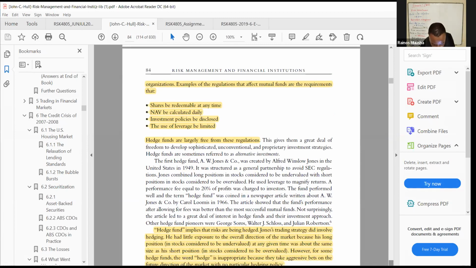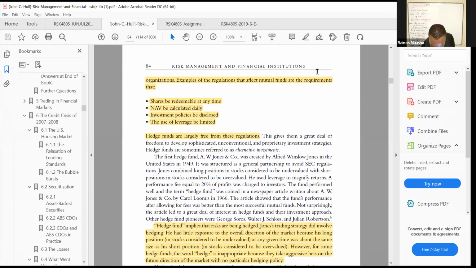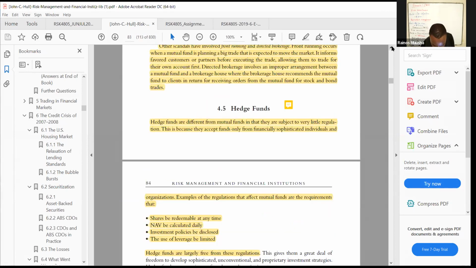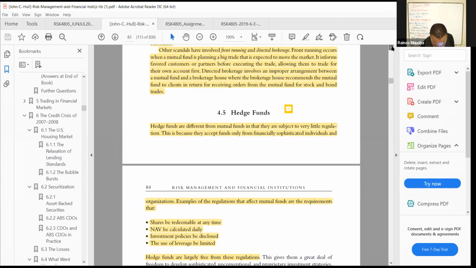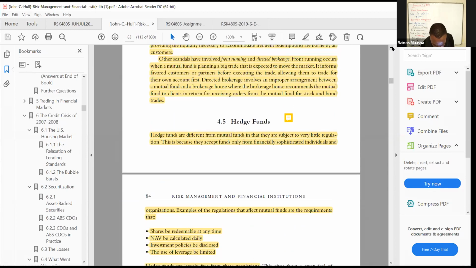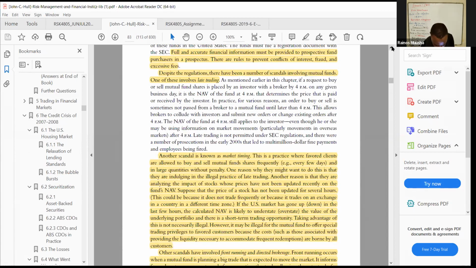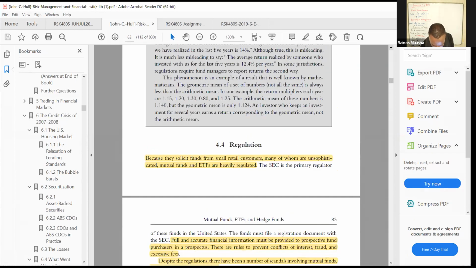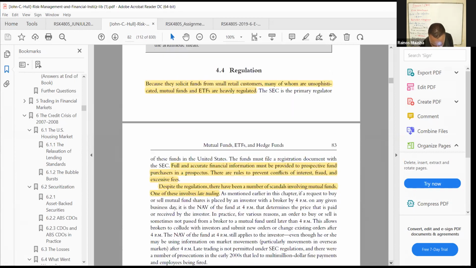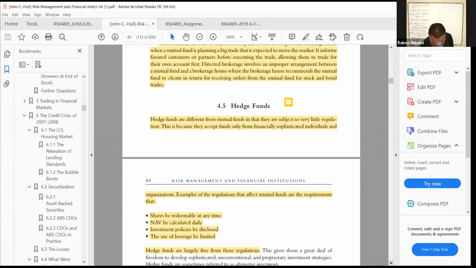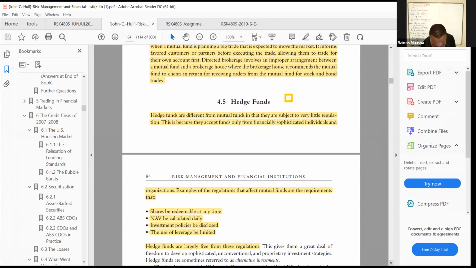If you check on page 84, they say hedge funds are different from mutual funds in that they are subject to very little regulation. This is because they accept funds only from financially sophisticated individuals and organizations.